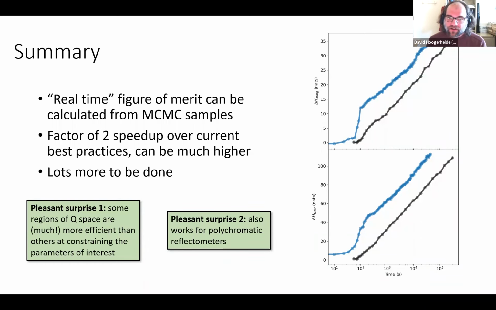And it's not at all obvious that this is going to be true, right? We're taking real space parameters, we're doing a big Fourier transform on them when we scatter, we're spreading that information out in Fourier space. It's not at all obvious that some of those Fourier components are going to be much more efficient than others. And that actually turns out to be the case. So that's kind of cool. You can also do this for polychromatic instruments, which I wasn't sure was going to happen here.